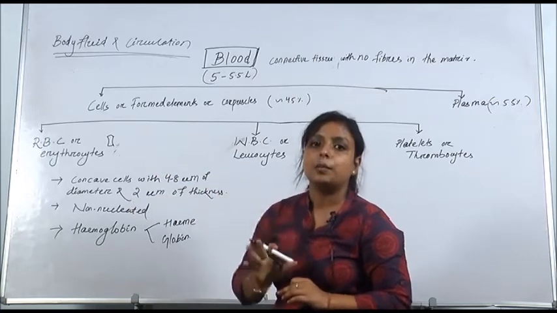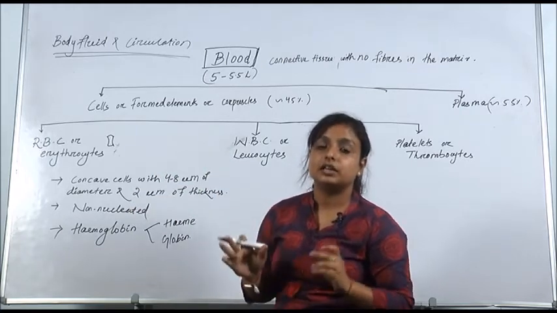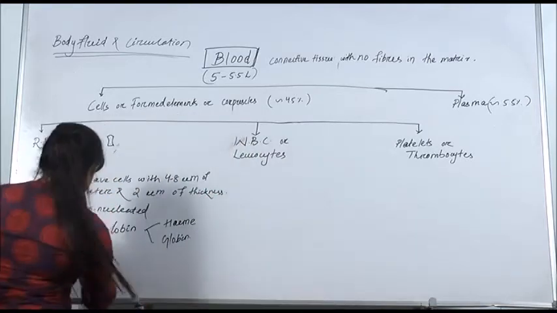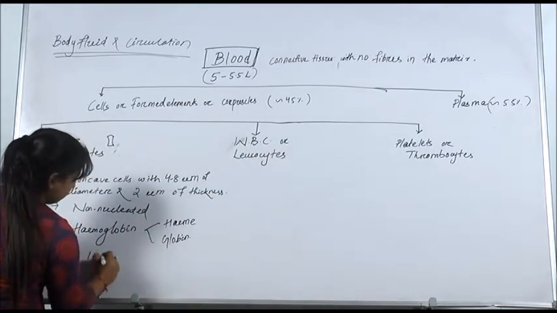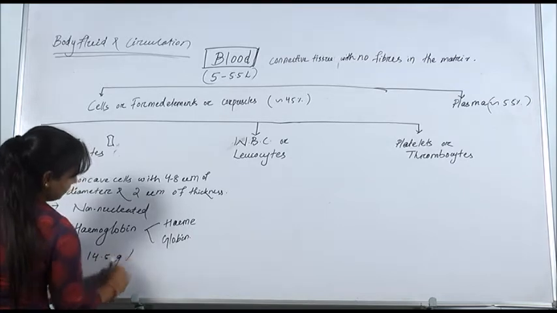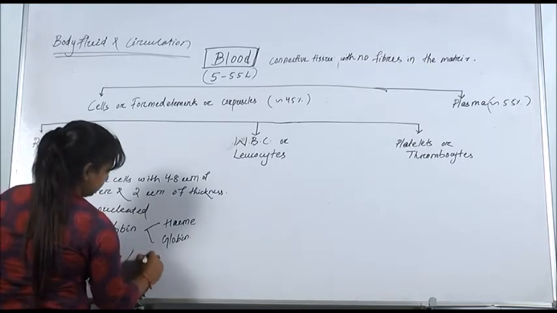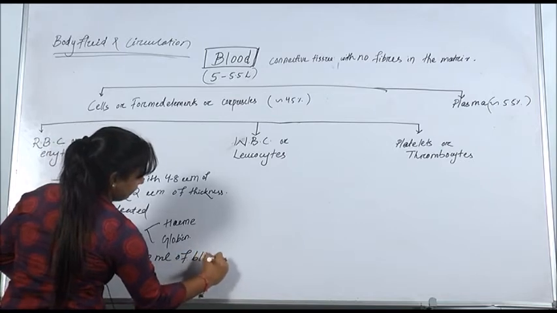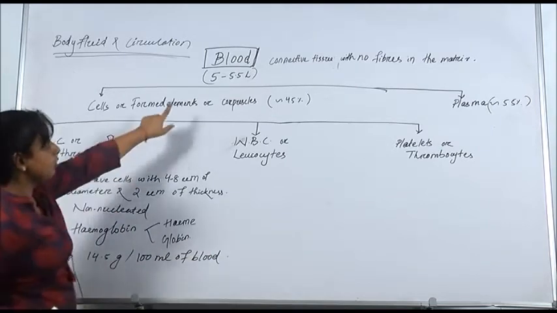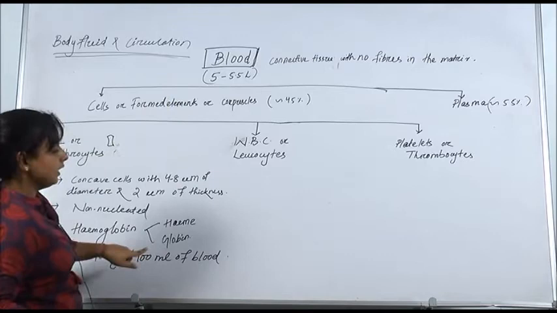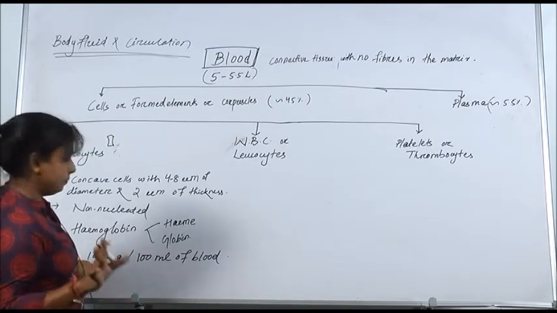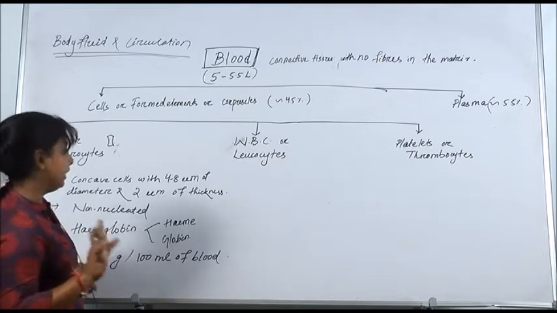So what is the amount of hemoglobin present in the total blood volume? Around 14.5 gram of hemoglobin is present in 100 ml of blood. Not RBC, but 100 ml of blood.